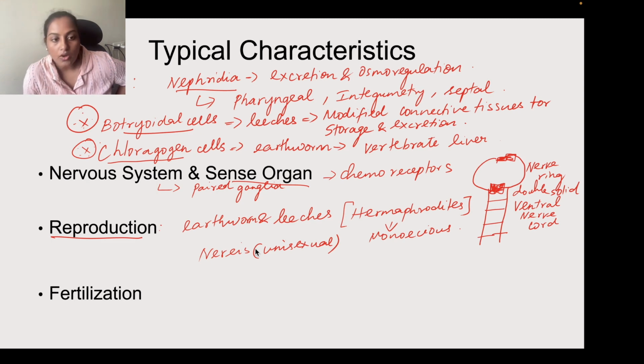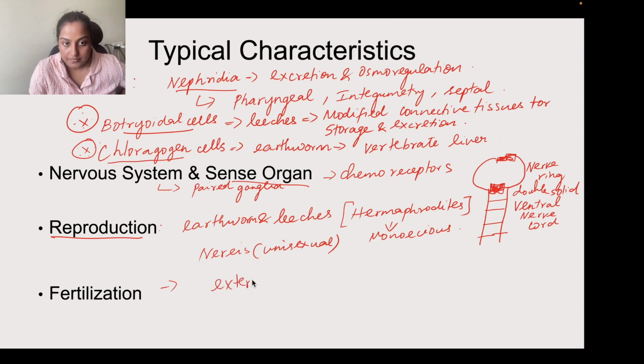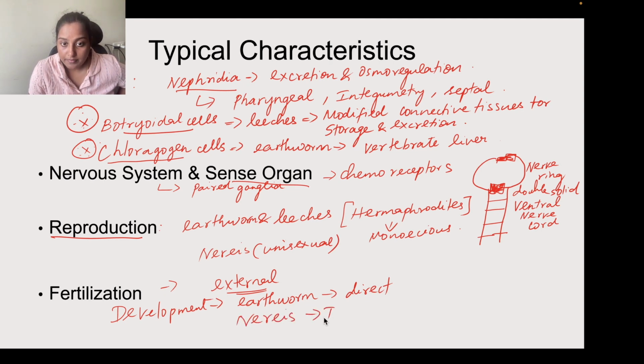And then talking about fertilization, it's external fertilization in earthworm and all. And talking about development, earthworm has direct development, whereas Nereis has indirect development.